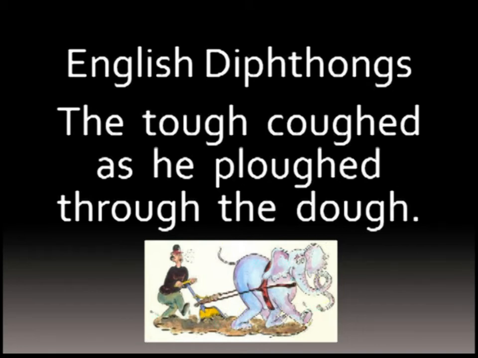The tough coughed as he plowed through the dough. So you have uh, ow, oo, o, all different pronunciations and correct pronunciations of the OU diphthong in English. In Greek, there's only one way to pronounce each one of the 7 diphthongs, and that is a great blessing.